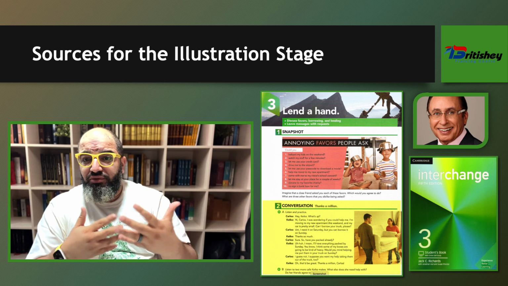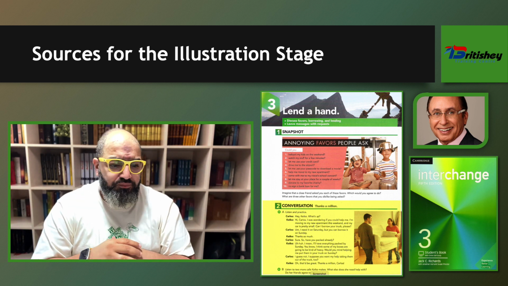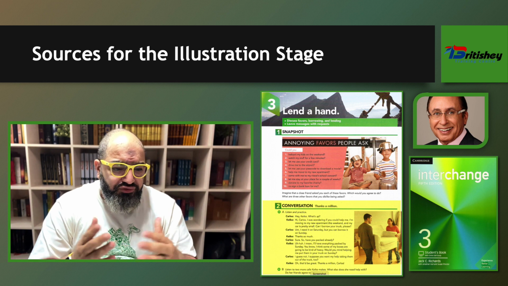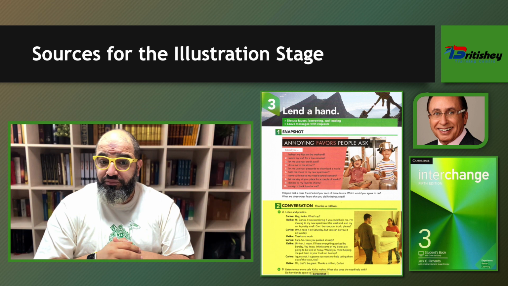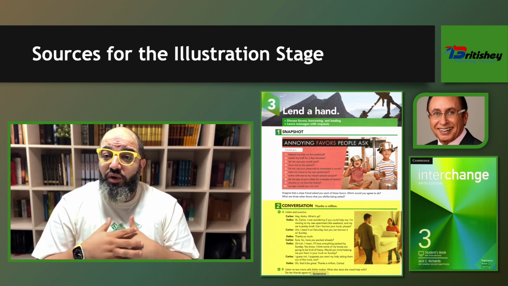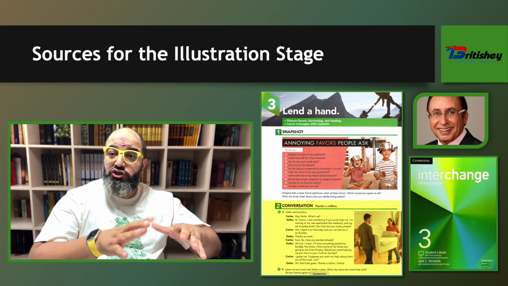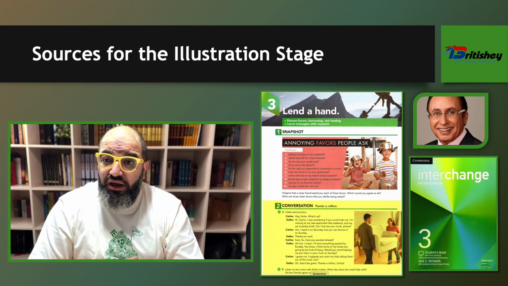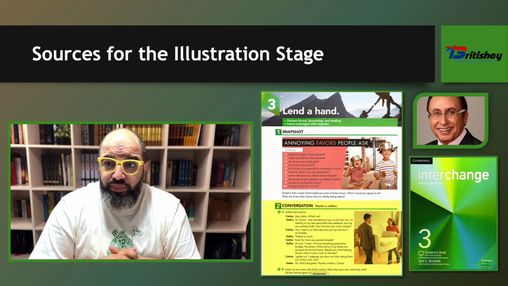So it's about helping others and asking for favors and all that stuff. And as you see, we've got a conversation here between Carlos and Kiko. And it's a very real conversation. So I decided to use that book to build a III lesson. So let's see how I did this.